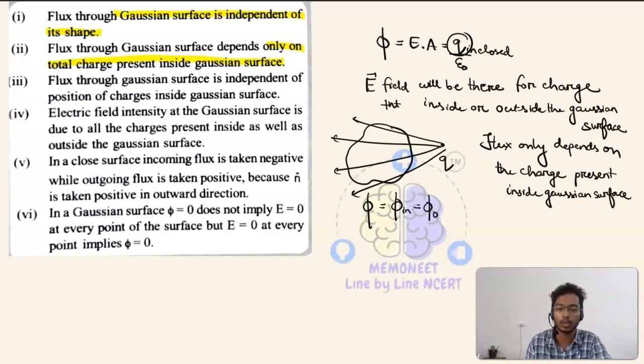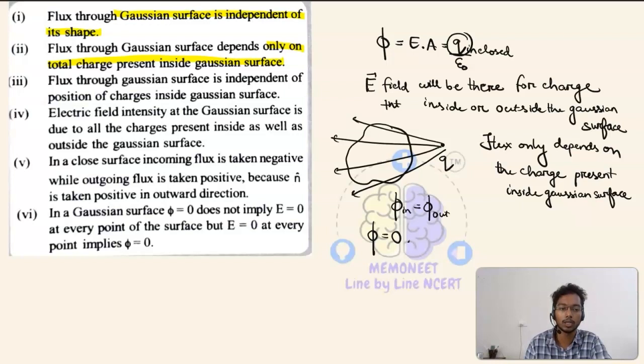So the net flux associated with this surface is 0. But the electric field will not be 0, because the electric field depends on the charge whether it is present inside or outside the surface.